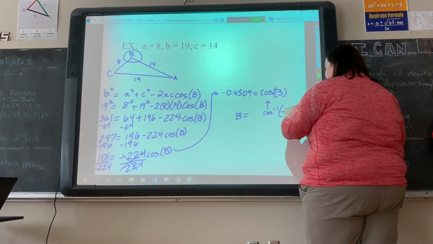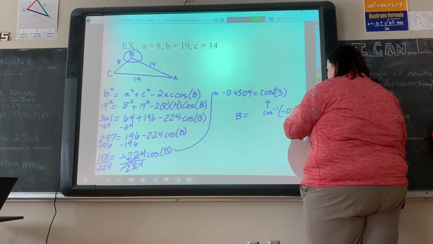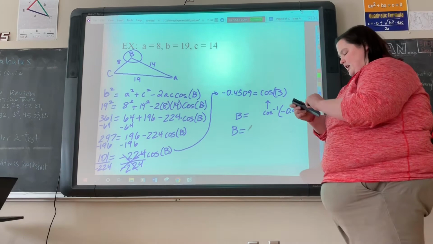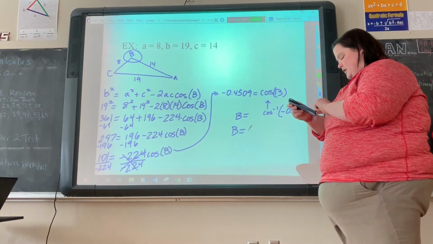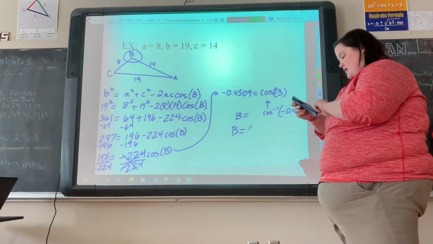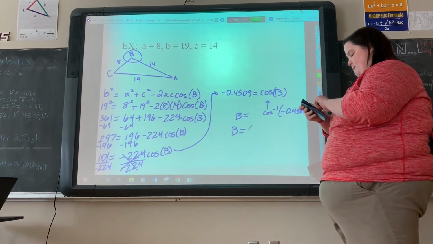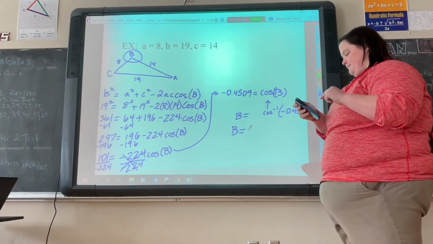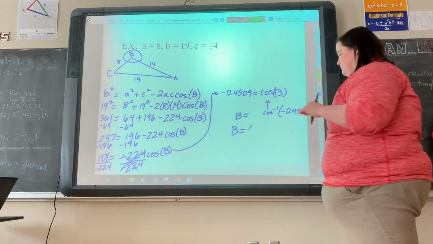Make sure you keep that negative. So we're going to use cosine inverse to solve for that angle. So you got negative 0.04509. So I got 116.8.